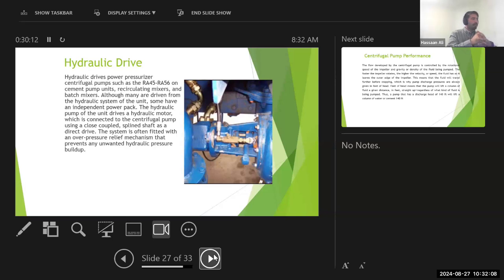But one of the things about the hydraulic drive is that you would need a hydraulic power pack to provide sufficient hydraulic energy to the motor so that it can drive the pump. The hydraulic drive system is also fitted with an over pressure relief mechanism, so that if there are any high pressure spikes, it can relieve that hydraulic pressure.